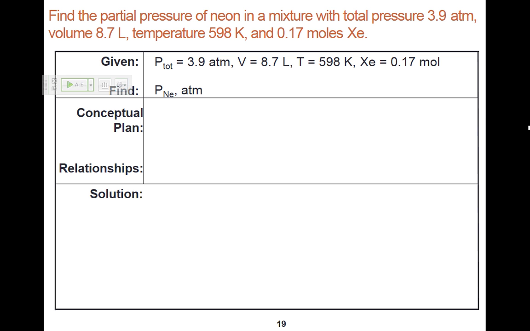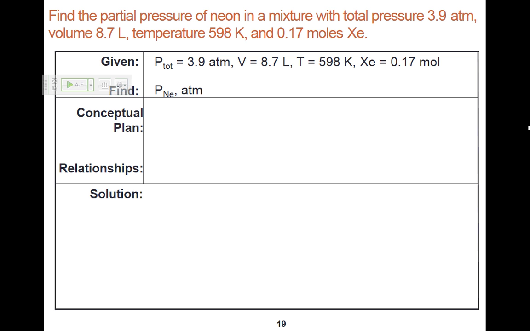Now, there's multiple ways you can go about doing this, and they're going to lead to the same answer. So we're trying to find our pressure of neon, but we have our total pressure. There's two ways you can really go about doing this. You can find your total moles, because you do have your total pressure, and then you have your moles of xenon, so you can calculate what your moles of neon would be, and then you can calculate its pressure.